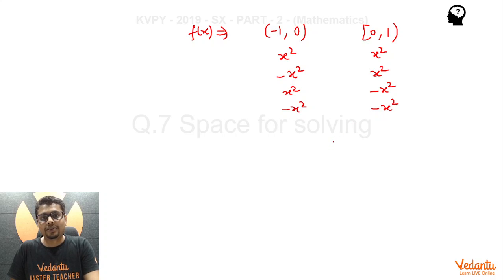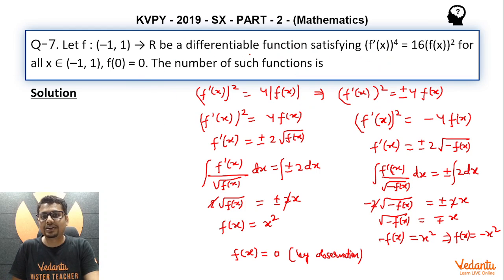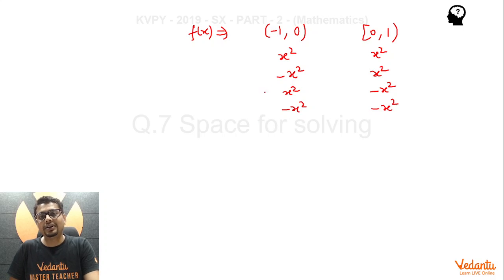Check it out, because f of 0 is supposed to be 0. And, given that f of x is a differentiable function, the derivative of x square at x equal to 0 is 0. So is the derivative of minus x square at x equal to 0. So by taking such possibilities, I am not violating any of the conditions given in the question.